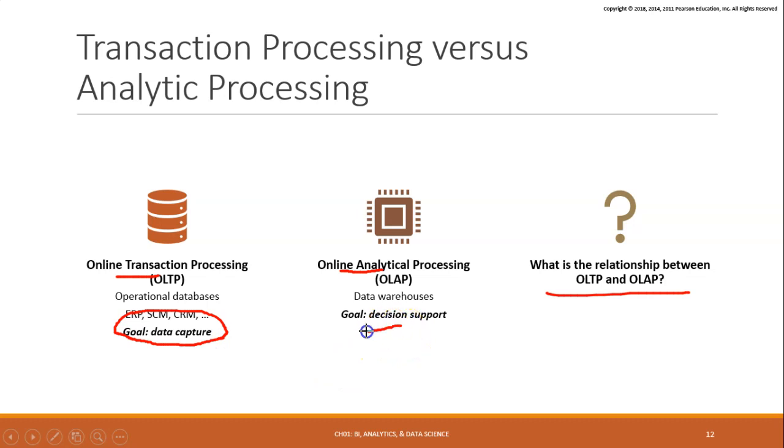Online analytical processing is to help with decision support. And you can see here, they talk about OLTP being operational databases. And this is basically if one of the point of sale systems records a sale from a customer, it just records that transaction.